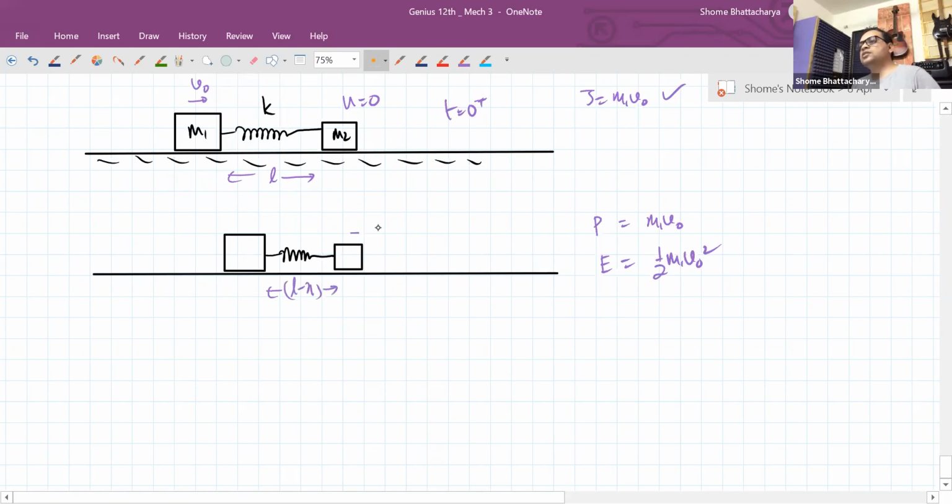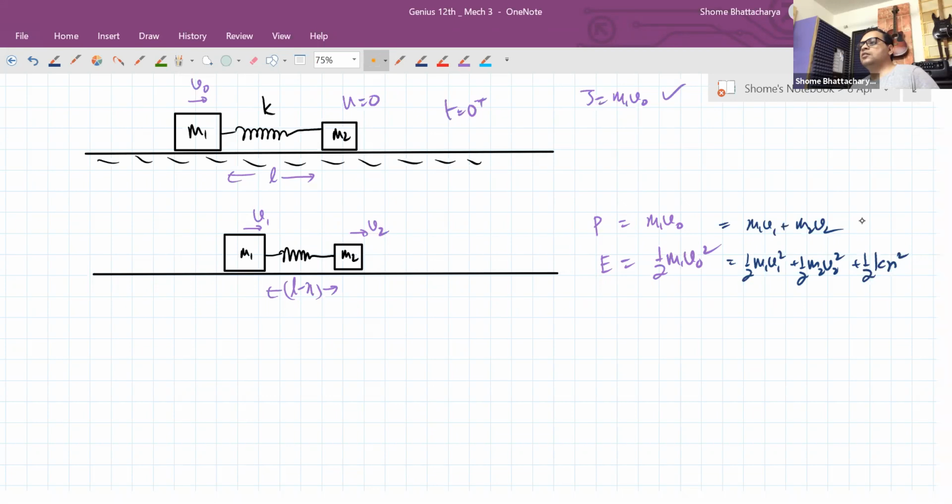As a result of the push that B has got, it has a velocity V2, whereas as a result of the push in the backward direction that the first one has got, its velocity V1 has become less than V naught. So at this time, the momentum of the system is m1 v1 plus m2 v2, and the energy of the system is half m1 v1 square plus half m2 v2 square plus half k x square. So equation 1 and equation 2 will always hold true.